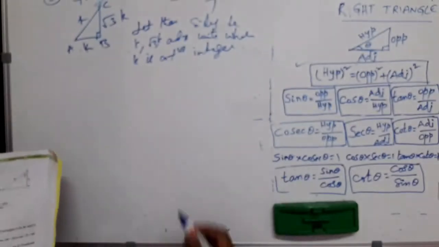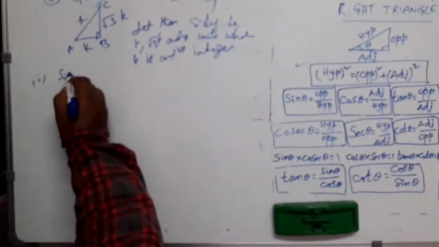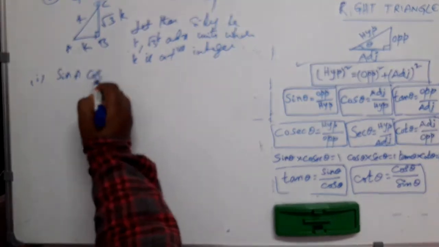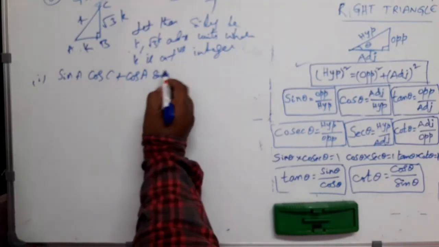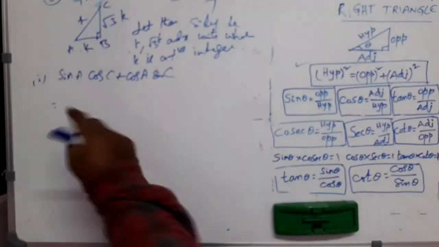Of course, we are supposed to find the value of the first part: sin A cos C plus cos A into sin C. Be careful here. In this question, trigonometric ratios of two angles are involved. So these two acute angles, ratios of angle A are involved, and ratios of angle C are also involved. You are supposed to find out.